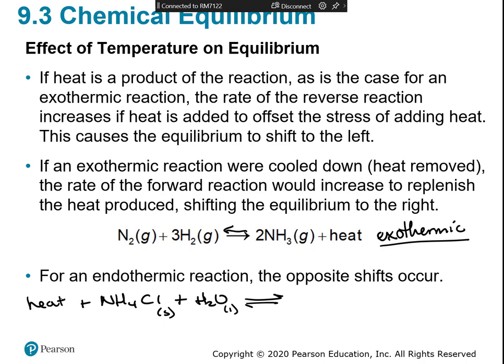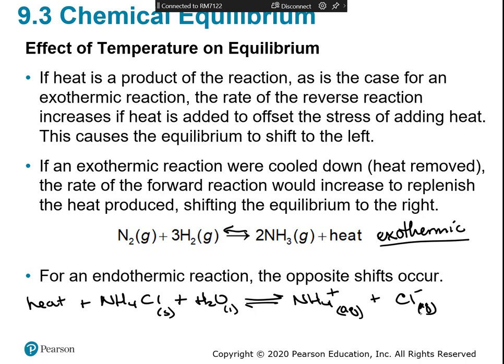As that ammonium chloride hydrates and forms NH4+ aqueous and Cl- aqueous, as it dissolves, it actually absorbs heat. That's why they use it as a cold pack. You break it, you shake it up, and it gets cold, and it'll stay cold for hours. So it's absorbing heat energy as that ammonium chloride dissolves.